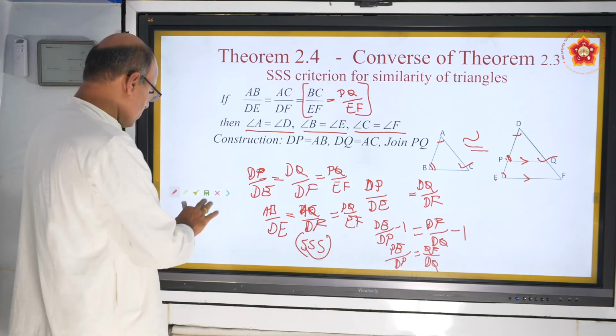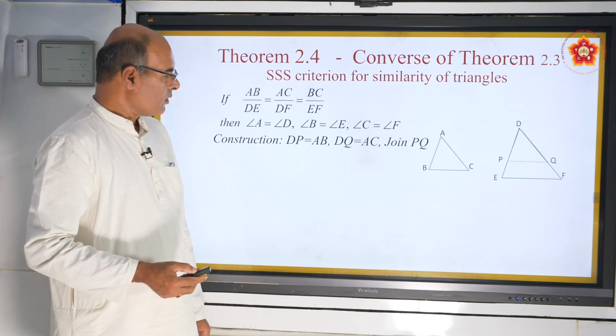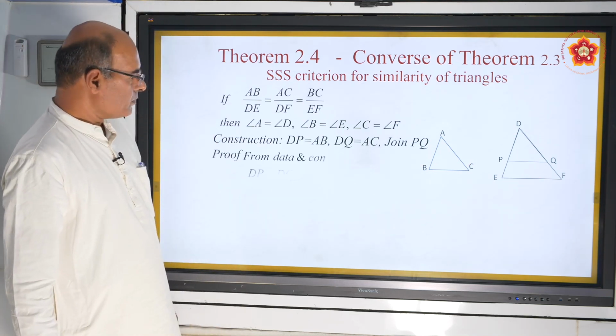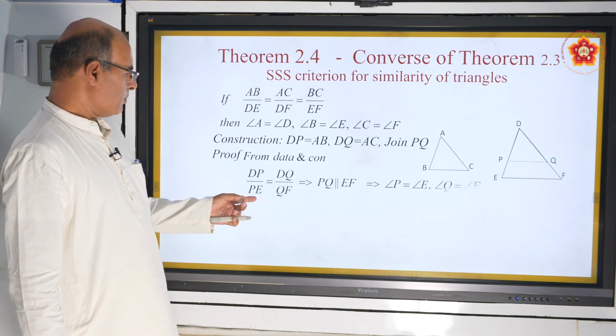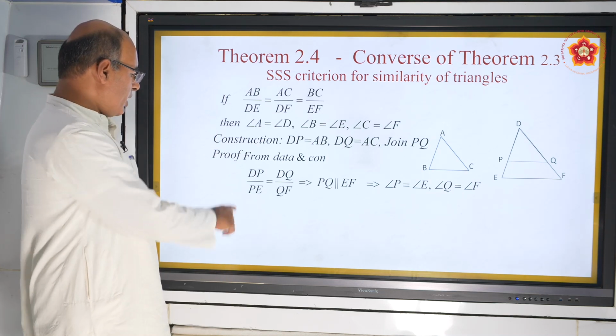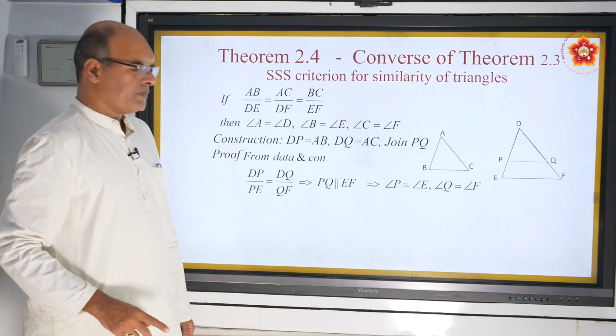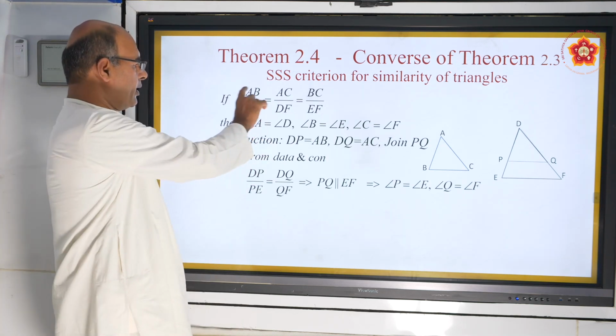Let us look at the steps once again. Proof part. So construction over. So consider DP by PE equal to DQ by QF. How did you get it? Take this.